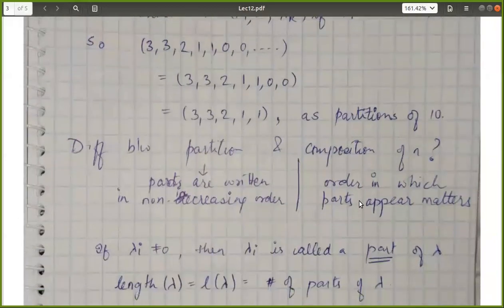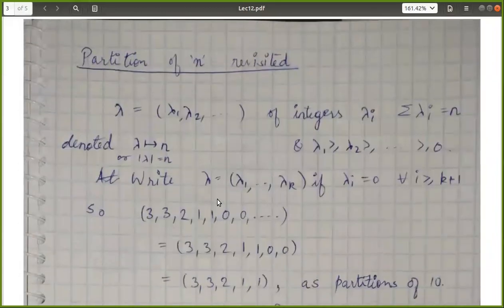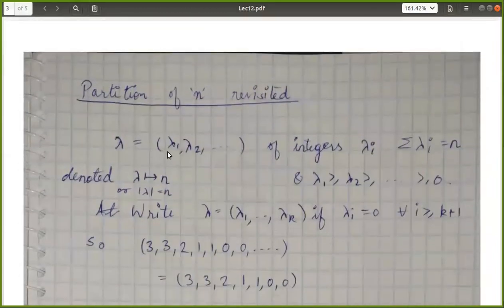Now, this lambda is a sequence, lambda 1, lambda 2, and so on. If you're dealing with any particular n, then the sequence lambda 1, lambda 2, and so on has to terminate after a point, because this summation has to be n.